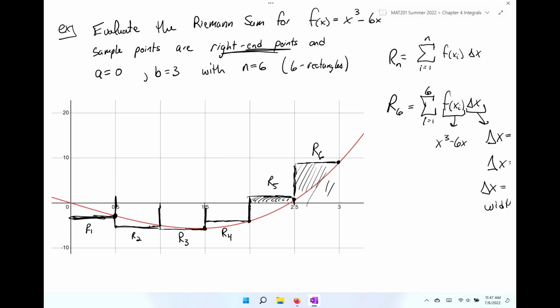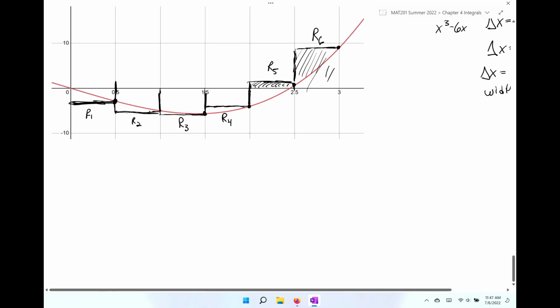So all we have to do now is just go ahead and figure out what this is using Riemann sums. So for us, this is going to be very simple. R6, which is our Riemann sum, is going to be nothing more than the summation. I'm just writing out the definition one more time.